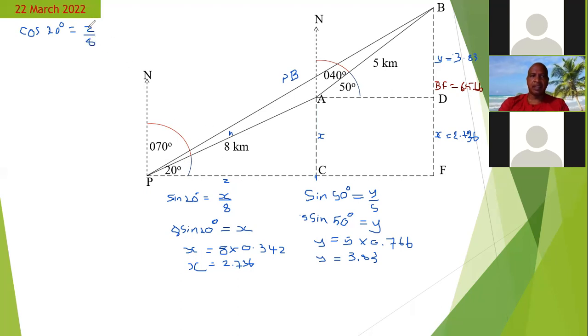I generally put a little cross in the middle of my Z because my Z's usually resemble 2. All right. So here now, if we are making Z the subject, we could have what? 8 times cos 20, sir. All right, equal to Z.